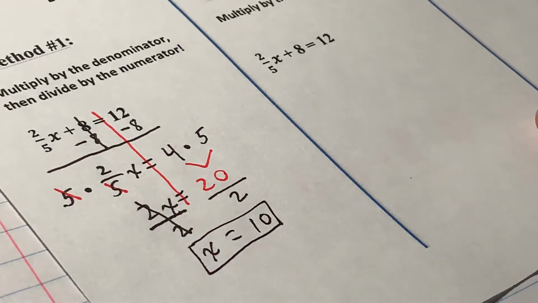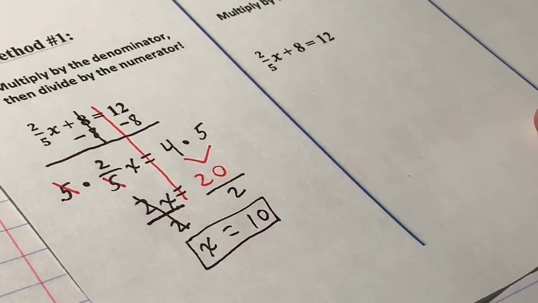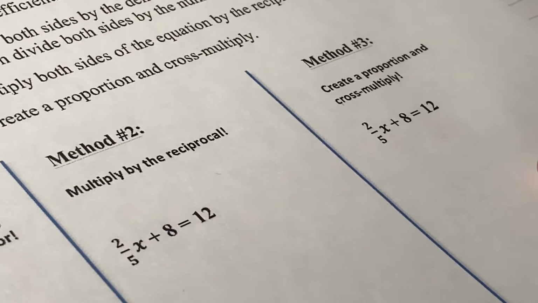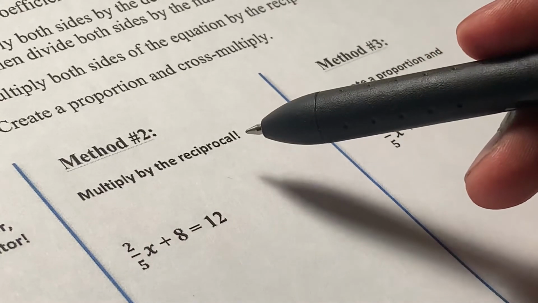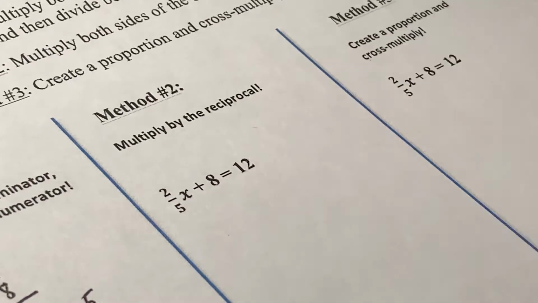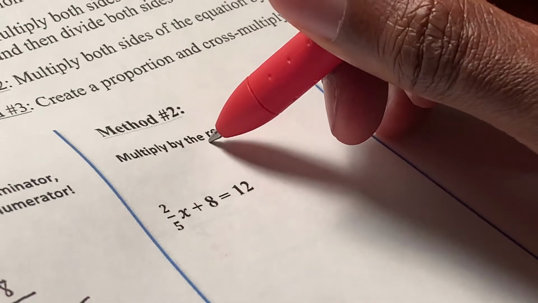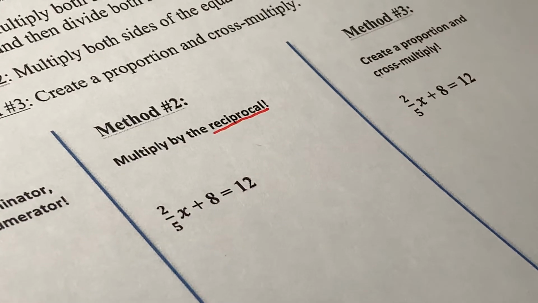Now, ladies and gentlemen, we can do the same problem, but using a different method, and this method is called multiplying by the reciprocal. Now, again, what does that word reciprocal mean? Reciprocal is a very important math vocabulary word.